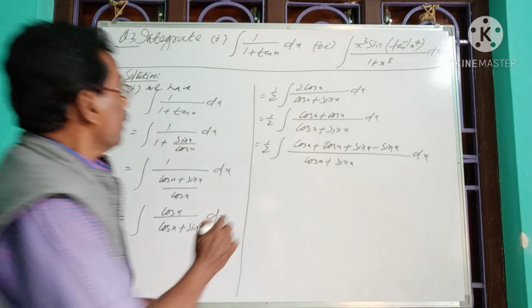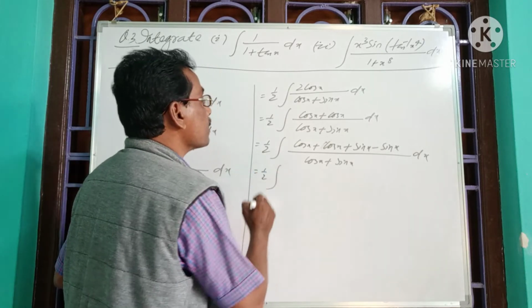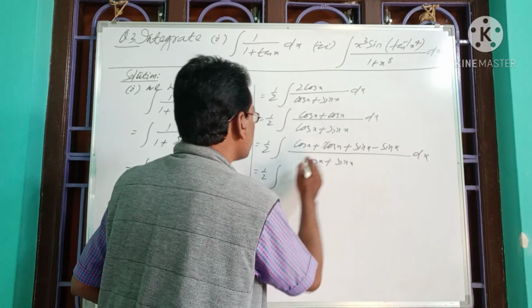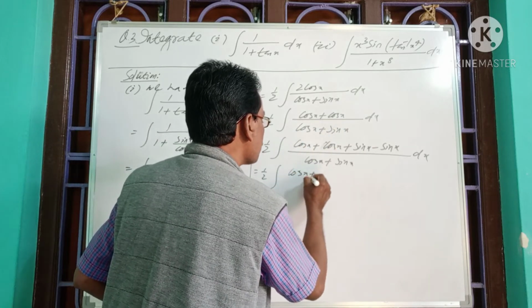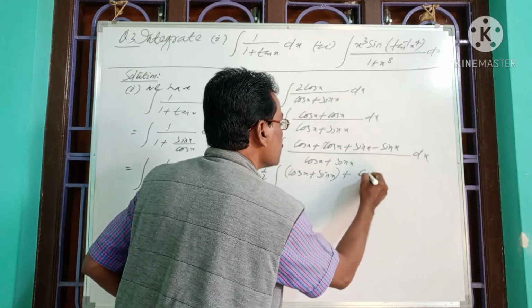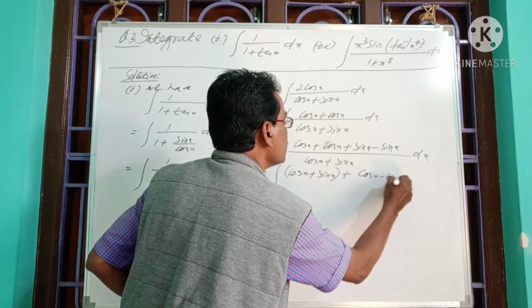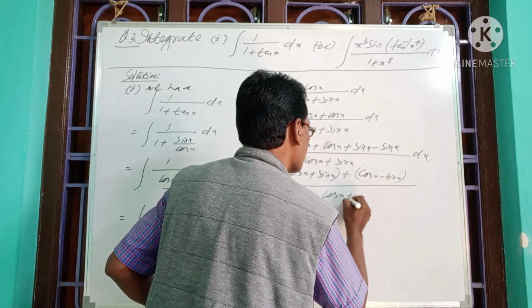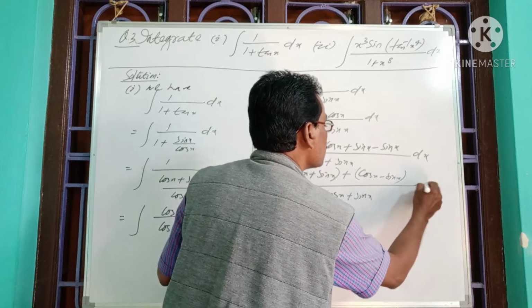Now we have half into integration of, let us adjust cos x with the sin x, that is cos x plus sin x, then plus cos x minus sin x, by cos x plus sin x, whole integration with respect to x.